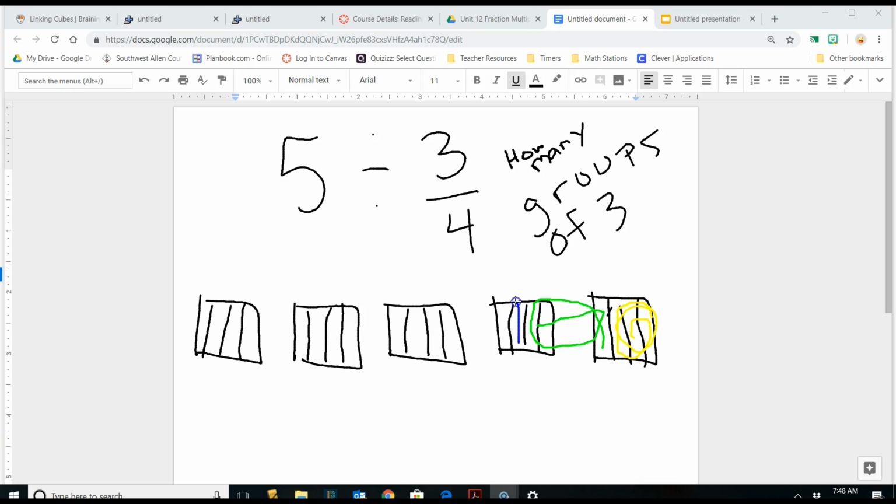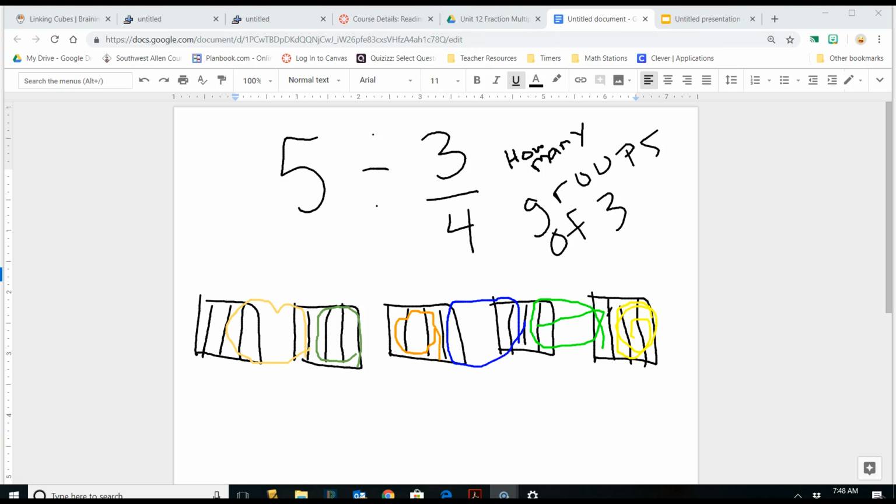I have 3 groups of 3, 4 groups of 3, 5 groups of 3, 6 groups of 3.